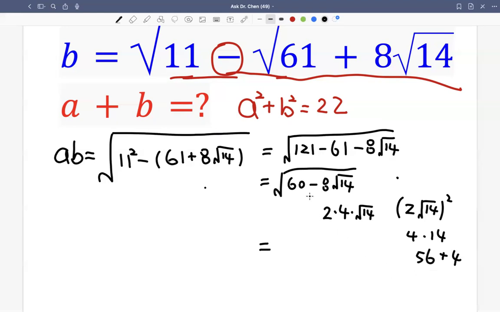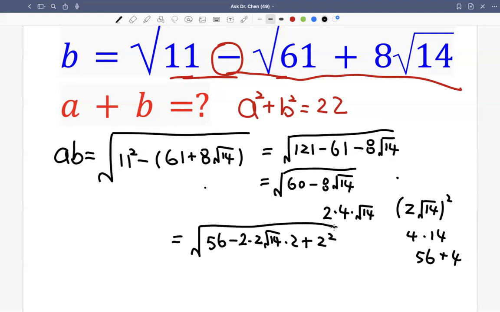So that's why we want to factor this one. Let's write a little bit further. We want to write 60 as 56 plus 4, but in between, we want the middle term, 2 times 2 radical 14 times 2, then plus 2 squared.